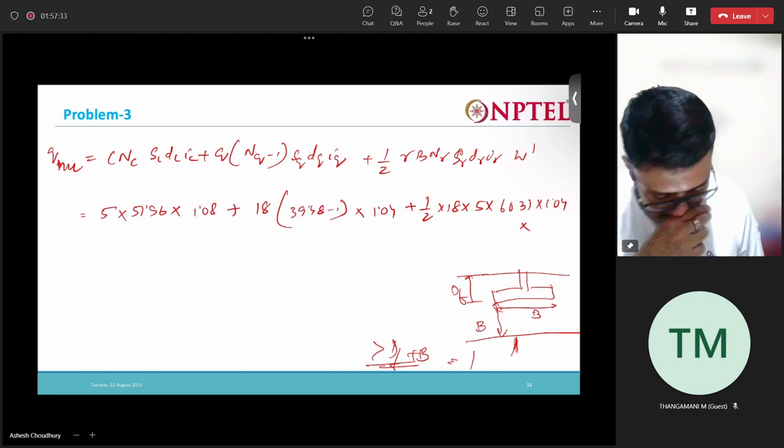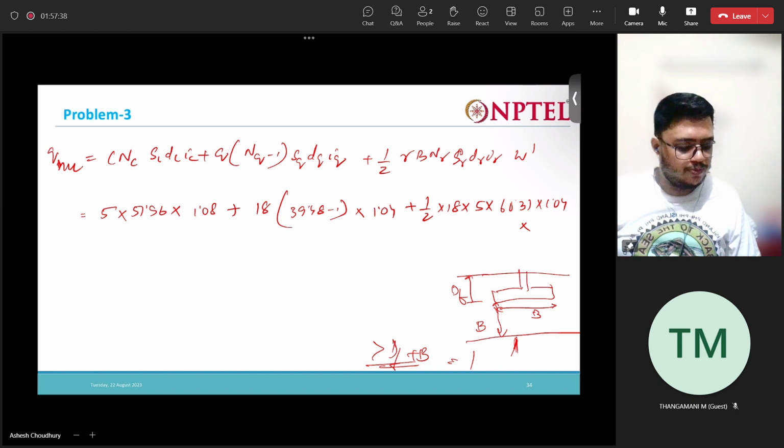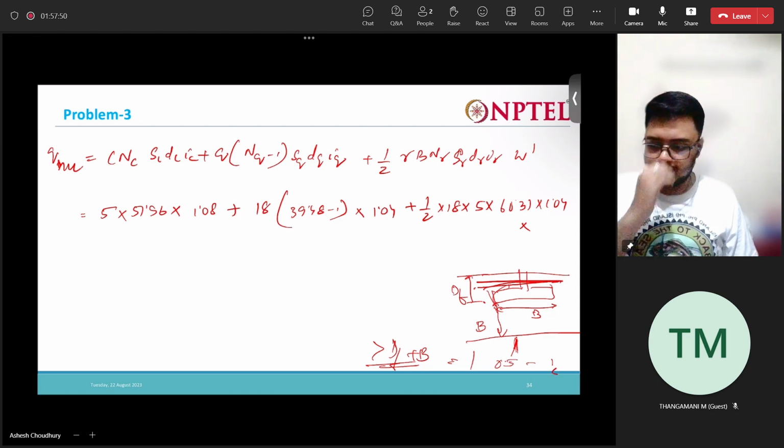If it lies between Df and Df plus B, then you interpolate between 0.5 and 1. And if the water table lies above this Df, here or here, then it will be 0.5. This is how W dash varies.